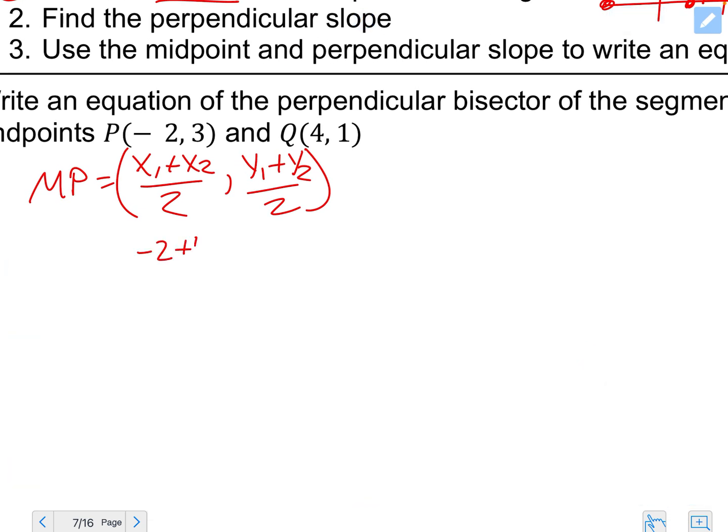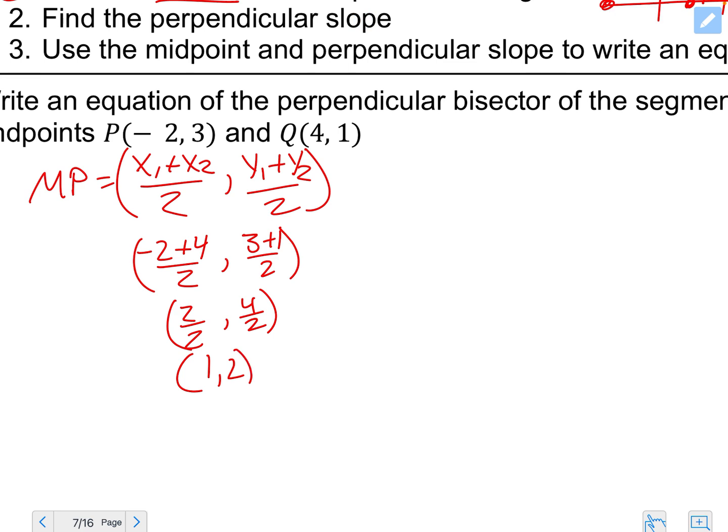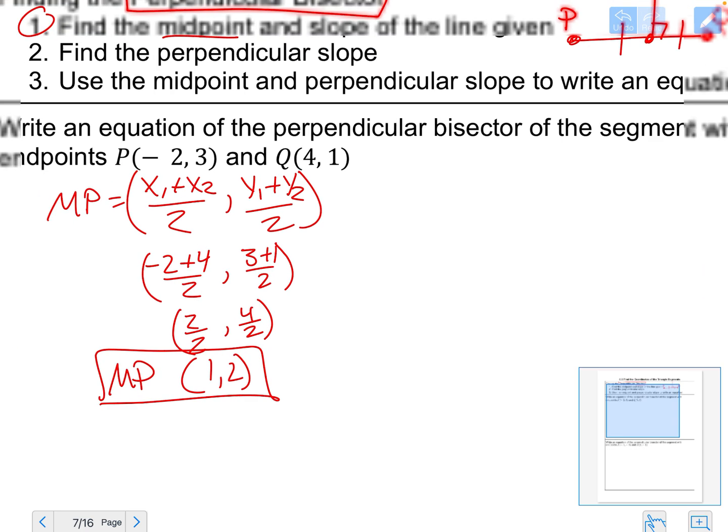So negative 2 plus 4 over 2, and then 3 plus 1 over 2. So negative 2 plus 4 is going to become 2 over 2. 3 plus 1 is 4 over 2, and we simplify that to 1/2. So our midpoint is going to be 1/2.